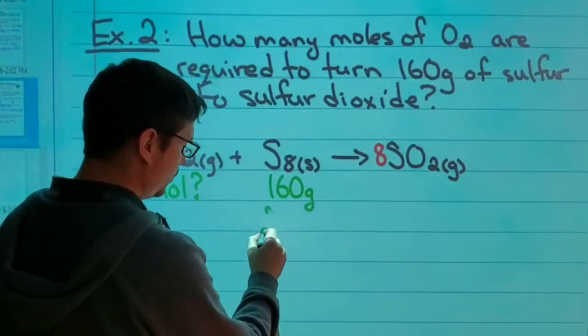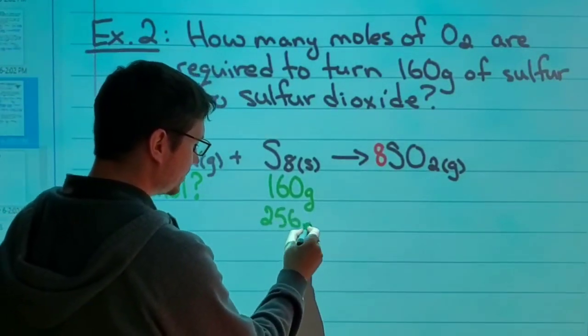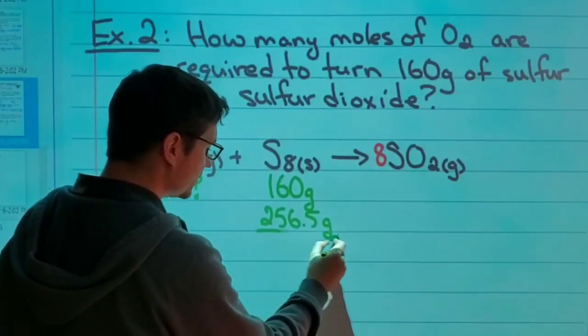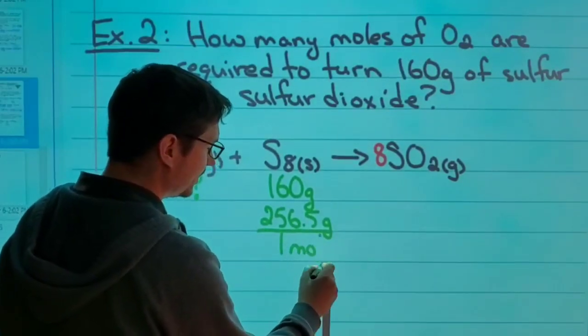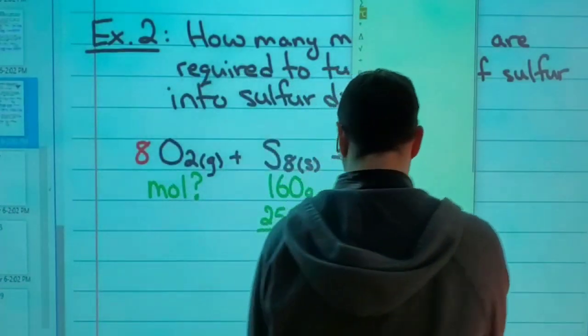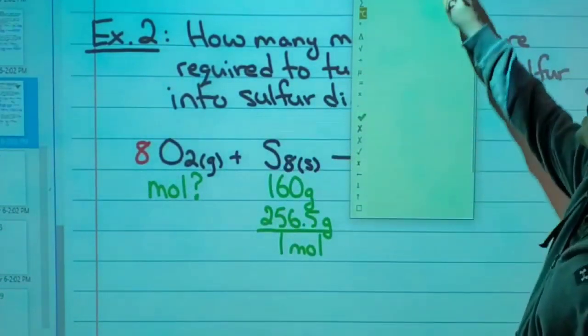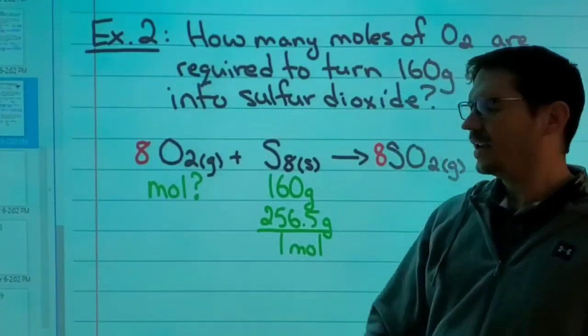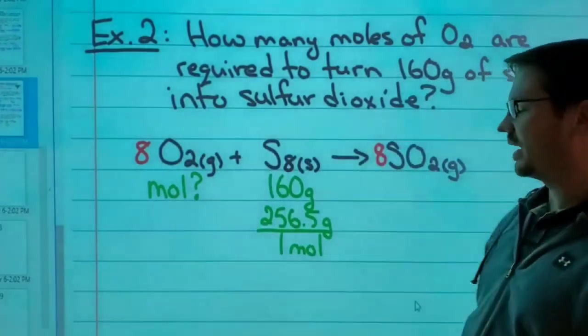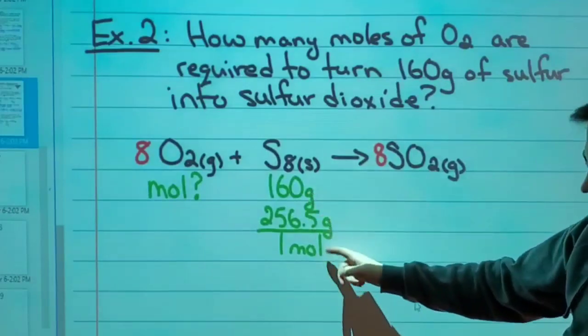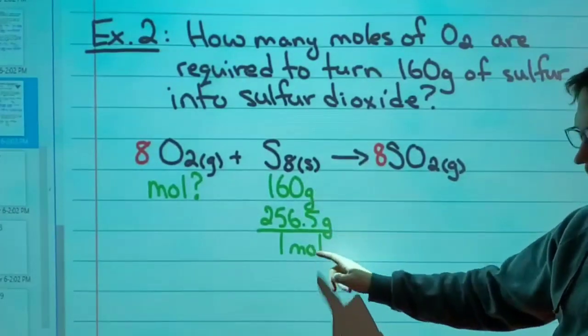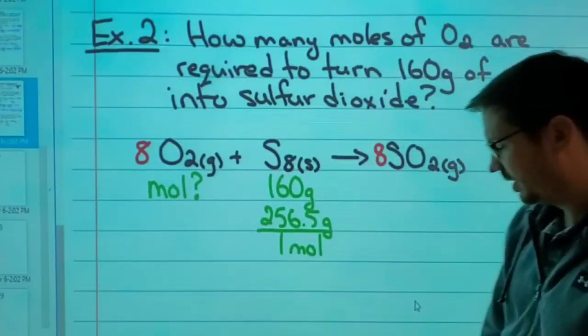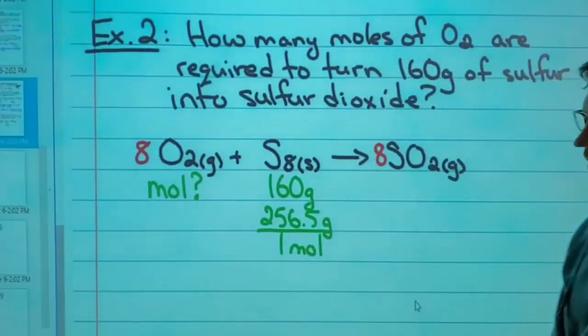So 256.56 grams per 1 mole. Good. So that's helpful. Now we have moles. We're good. No extra information. Grams and grams per mole, so grams can cancel and we can get moles. The last thing we need is the molar ratio.